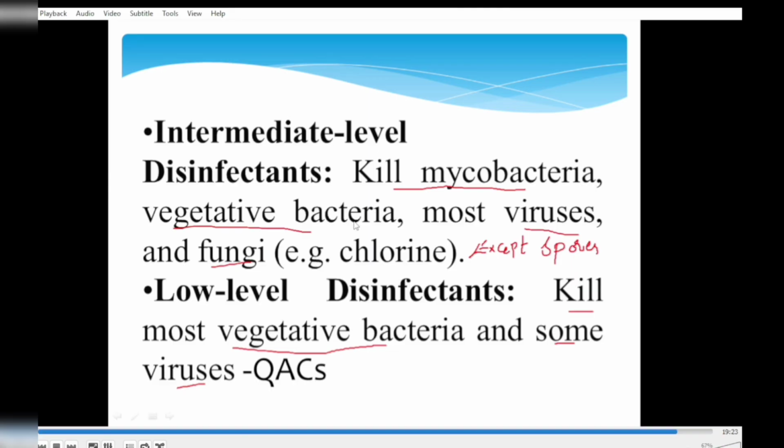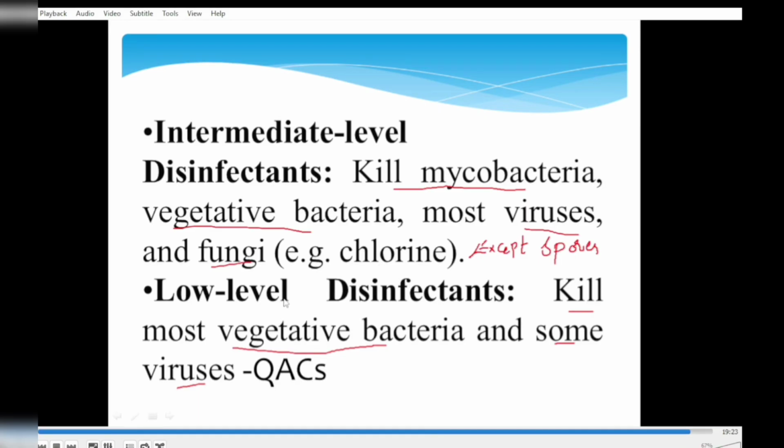Examples of intermediate level disinfectants are chlorine compounds, like halogens. But these intermediate level disinfectants cannot kill spores. Very important: only high level disinfectants can kill spores, but intermediate level and low level disinfectants cannot kill spores.